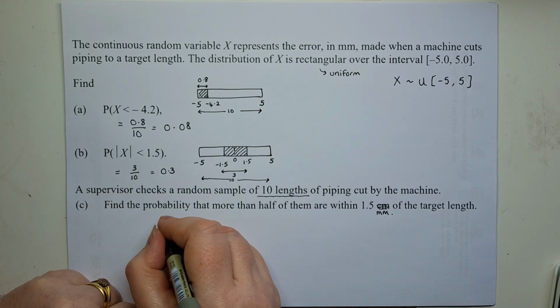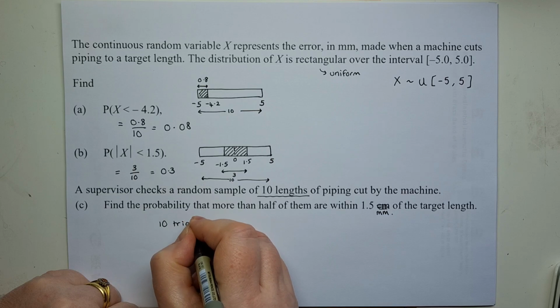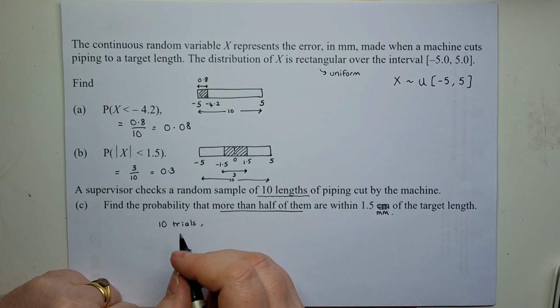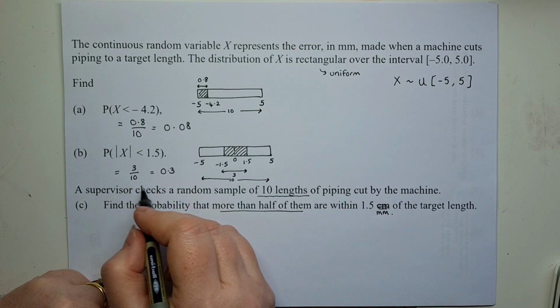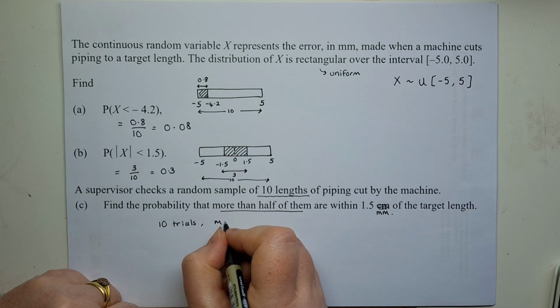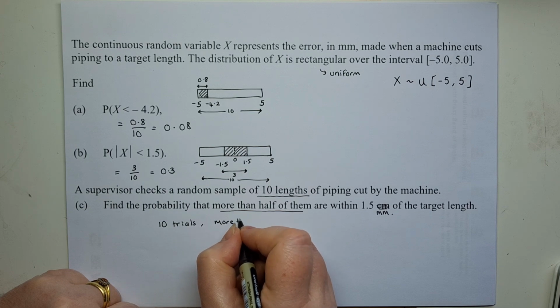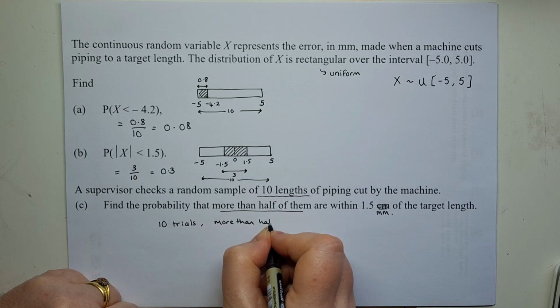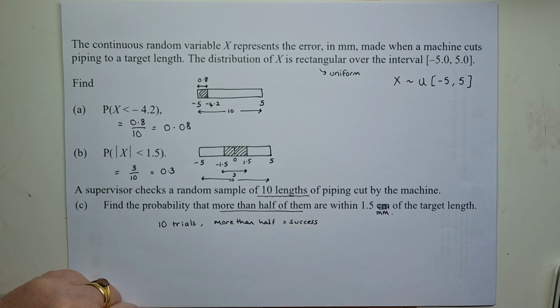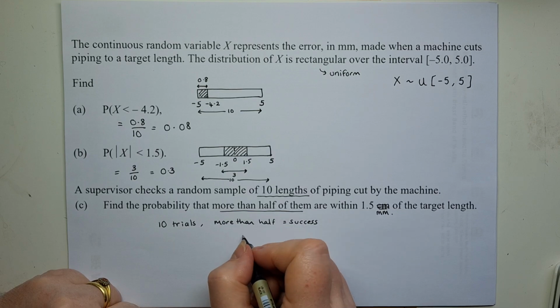So we have got 10 trials, and what we want is more than half of them need to be a success, which we're going to say a success is being within 1.5 millimetres. So we want more than half of them need to be classed as a success. So in this case, more than half, if we're talking about 10, is 6 or more.